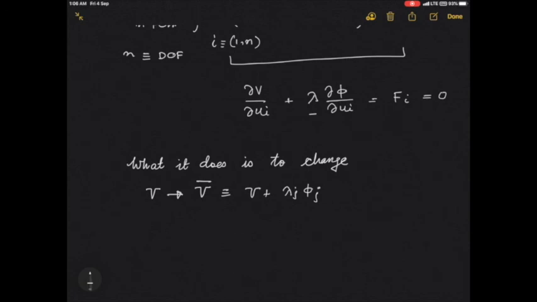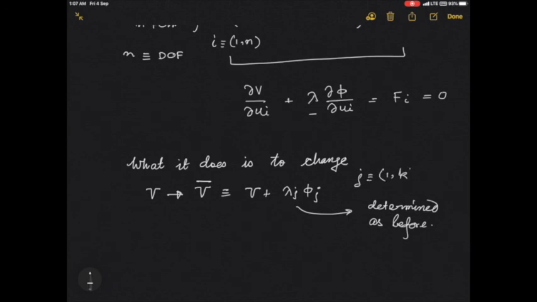Okay, and lambda j is determined as before. So if you do these substitutions, j belongs to 1 to k if there are k constraints. For our case, it is just lambda phi.